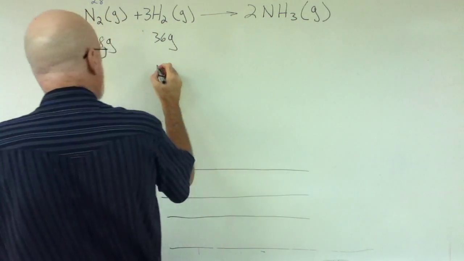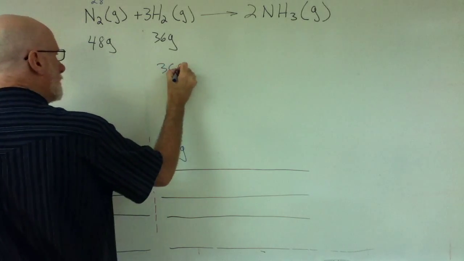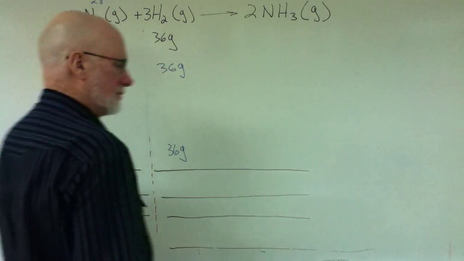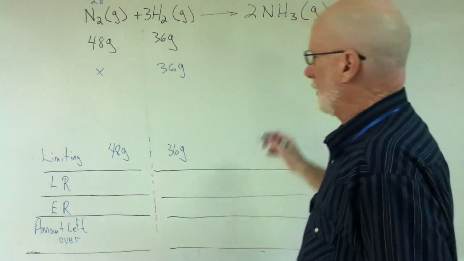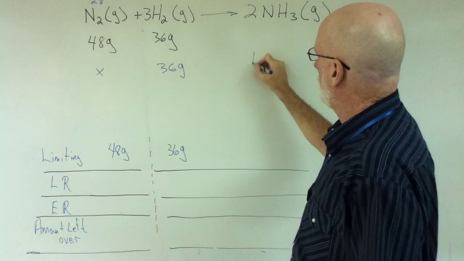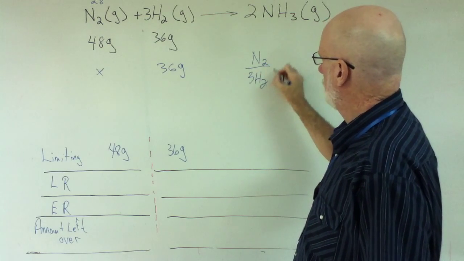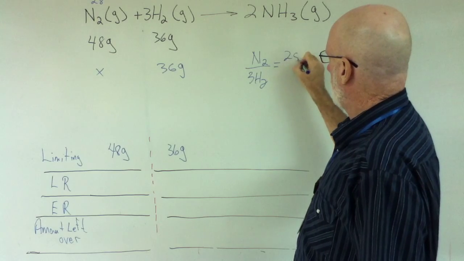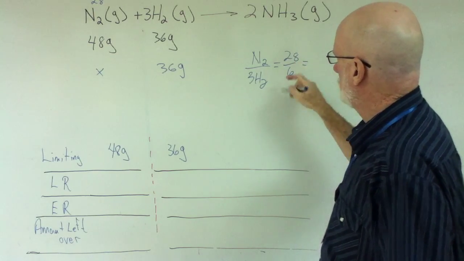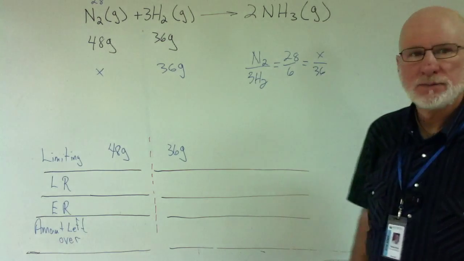So we'll say this is 36, and we'll say this is x. Okay? So I'm comparing nitrogen with hydrogen, which is 28 over 6, and then x over 36. Do that math.